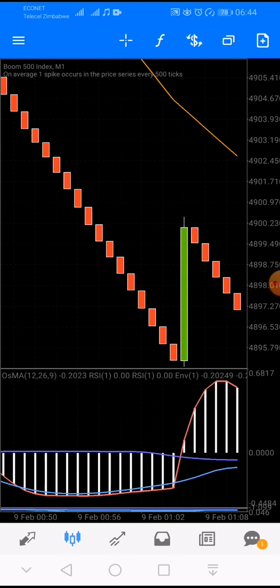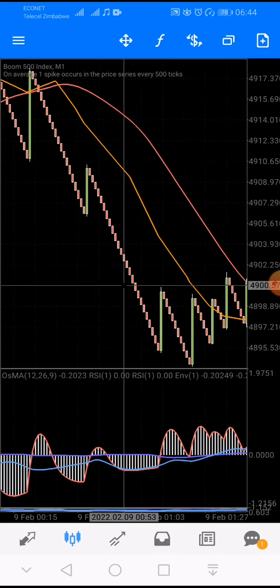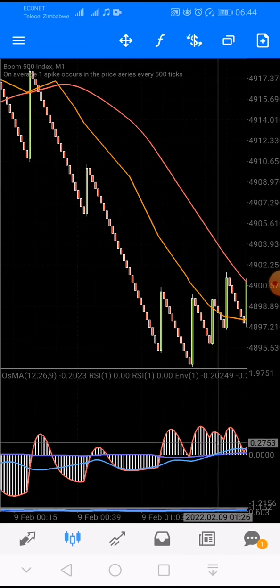So basically what we'll be looking for is a crossover from the system, because we'll be trading and taking crossovers based on momentum, and there are two types, and this is the first one, this one that you can see here.